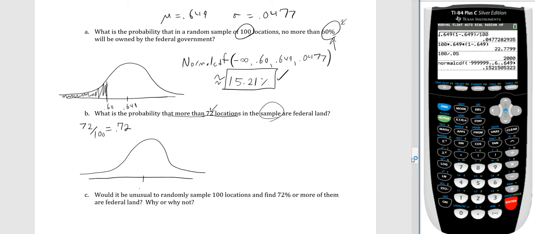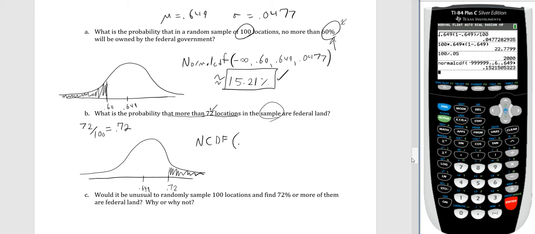So with 0.649 still in the middle, 0.72 is somewhere above that, and we're trying to find more than 72, so the area above. For the sake of brevity, from now on I'll just say NCDF.